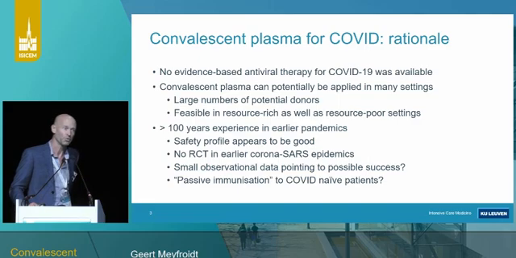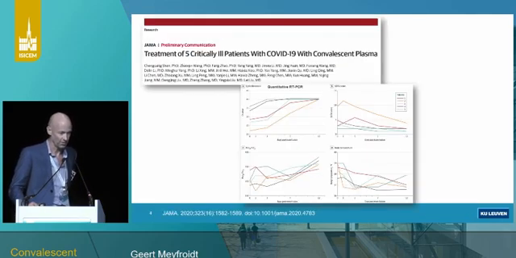So maybe the borrowed immunity could influence the course of these patients. And so preliminary reports like this, where 5 Chinese patients were treated with convalescent plasma and then apparently made a faster recovery than, and a decreased viral load than what you would have expected.